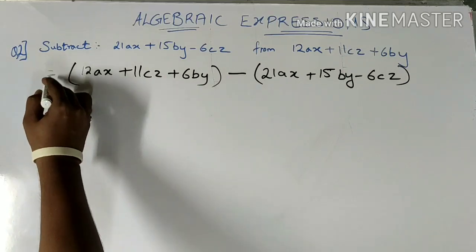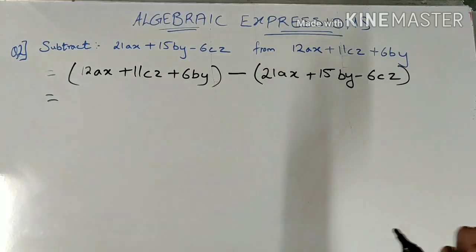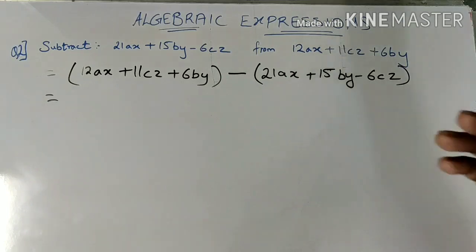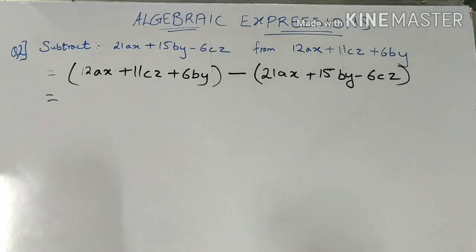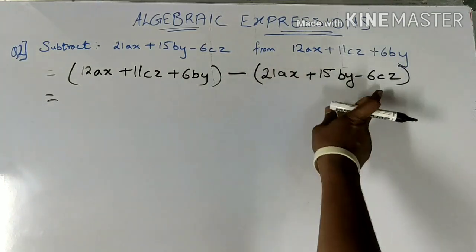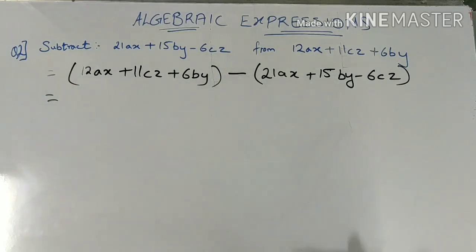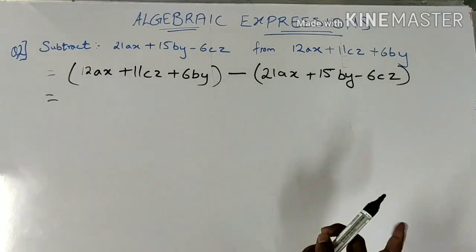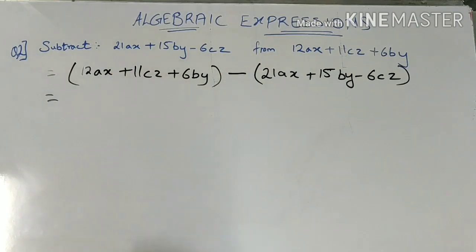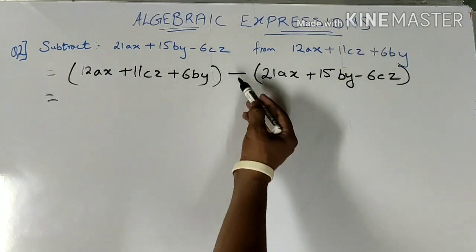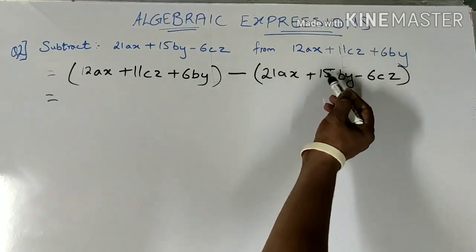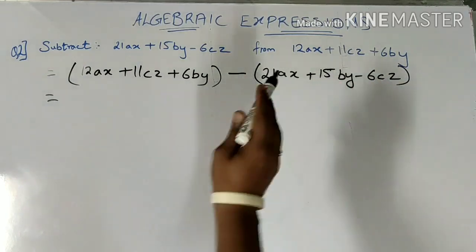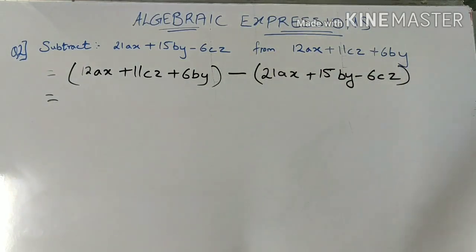Now, as I have told you all, we'll always operate addition and subtraction with like terms only. Before that I'll have to open this bracket first. The minus sign reacts with other terms' signs. Only in the case of subtraction, when we open the bracket, this minus sign will react with the signs of all these three terms. No matter how many terms there are, it will react with all of them.